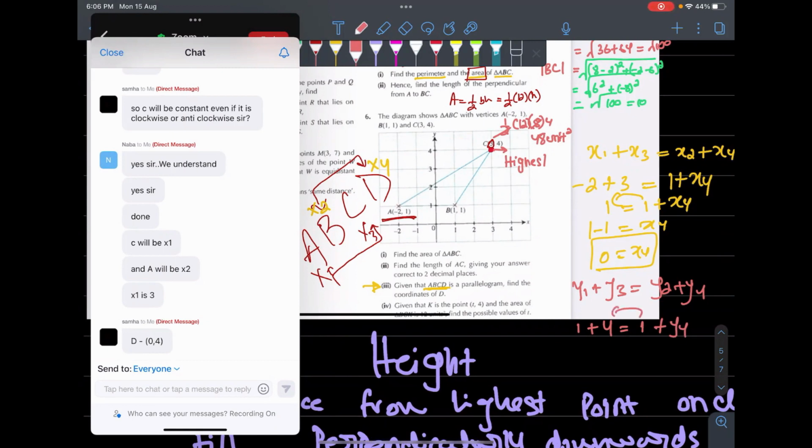Now send this one over to this side. 1 plus 4 is 5, minus 1 equals y4, and y4 is 4. So x4 and y4 are 0 and 4, the coordinate of D will be 0, 4. This will be D. If I join these, look, I will have a parallelogram.